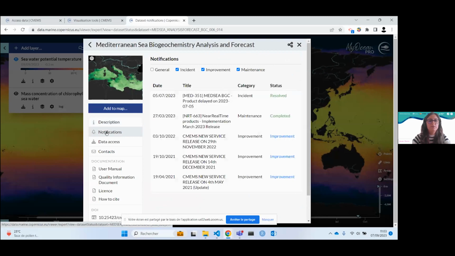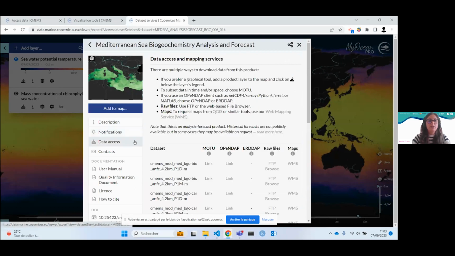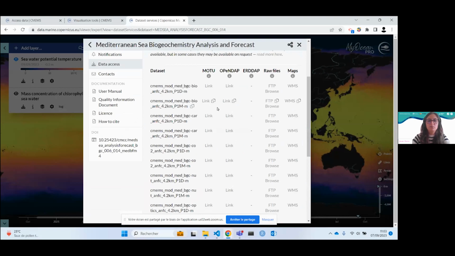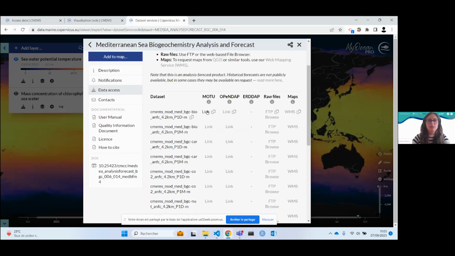Here you have the notification types that track all the incidents, improvements, and maintenances in progress or past on the product. The data access tab shows you all the datasets contained in the product, as well as direct links to the Motu interface, OpenDAP, FTP, browse files, and WMS links.